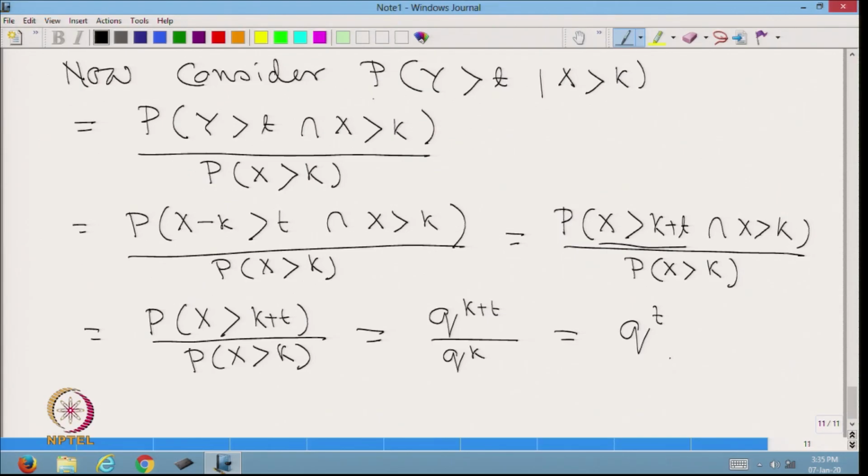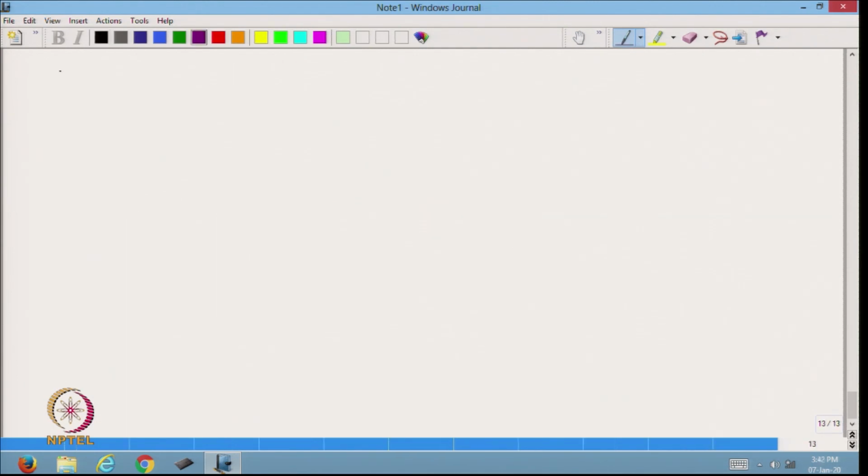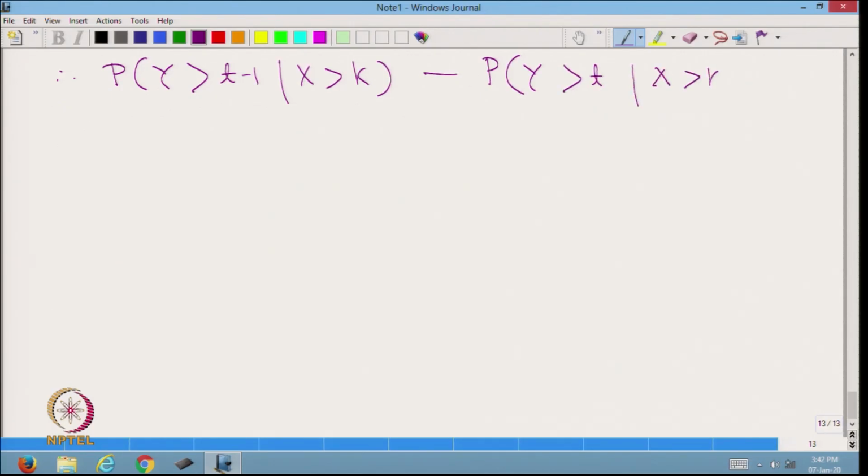So, probability Y greater than t given X is greater than k is coming out to be q to the power t. Therefore, probability Y greater than t minus 1 given X greater than k minus probability Y greater than t given X greater than k is equal to q to the power t minus 1 minus q to the power t.